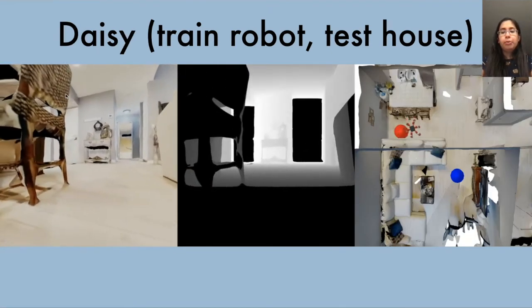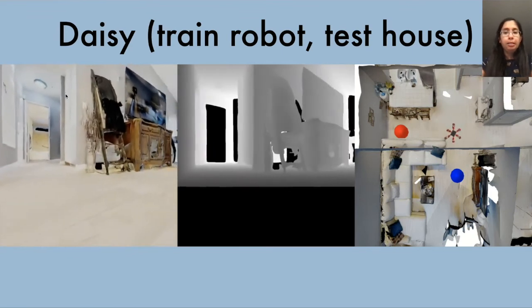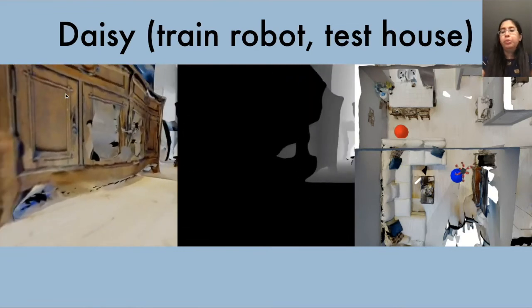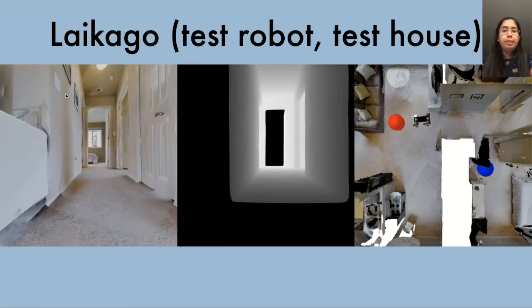Here is Daisy, which is very different dynamics from A1 and Aliengo. Again, trained using our shared policy, is able to reach this desired goal in an unknown house. And here is Laikago, which was a test robot.